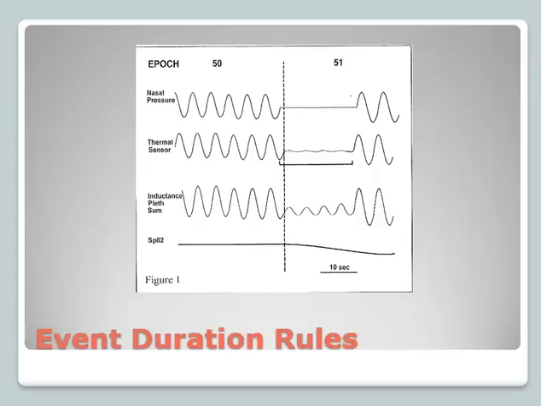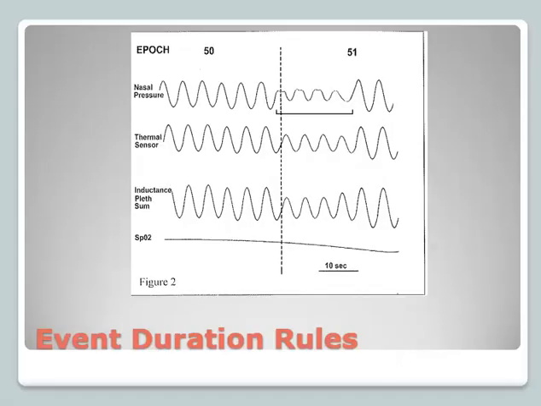So if we're scoring an apnea, we're looking at our thermal sensor, and you start at the lowest point of the breath that's clearly reduced, and you end it at the lowest point of the breath that returns back to baseline breathing. Same thing for a hypopnea. This one is a little bit shifted.